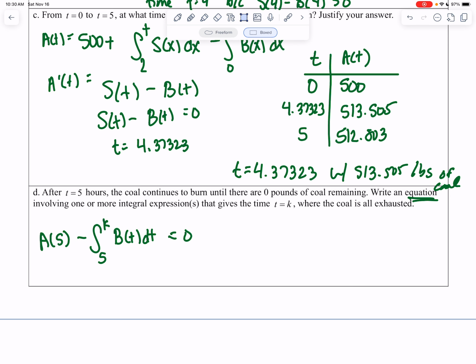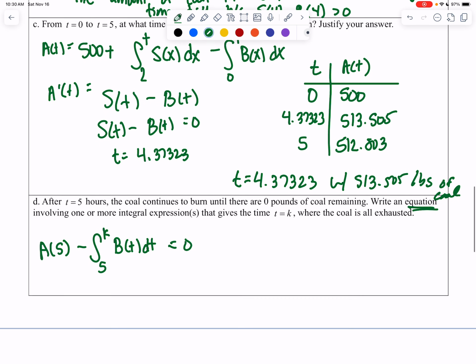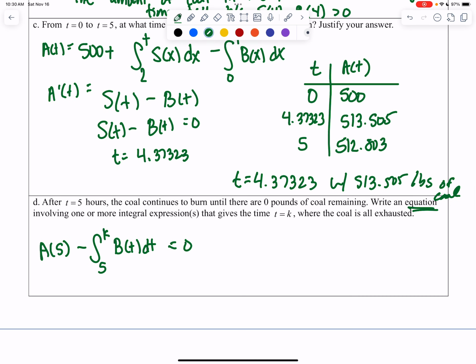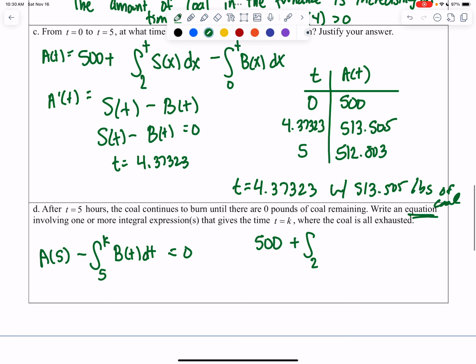Now, some of you guys also just looked at, let's say, A of t and did 500 plus the rate in part from 2 to 5 of S of t dt.